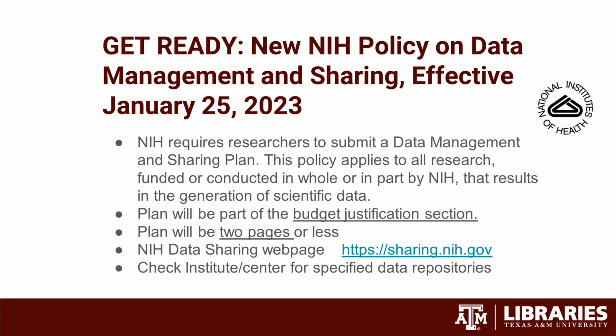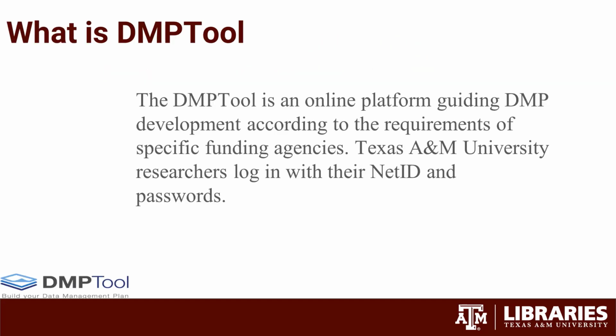Should it be included in the indirect, or should it be a direct cost? There'll probably be more coming out on that during the summer, and we'll be sure to pass that information along. Our proposal people will be aware of it, so we can give some guidance as far as budgeting for the storage cost and things like that into your proposal.